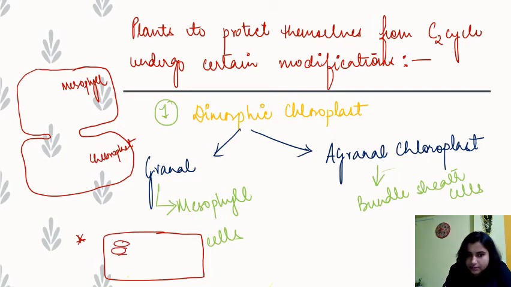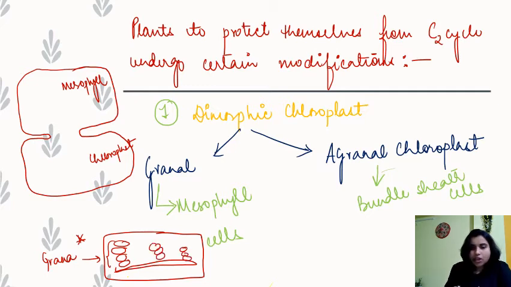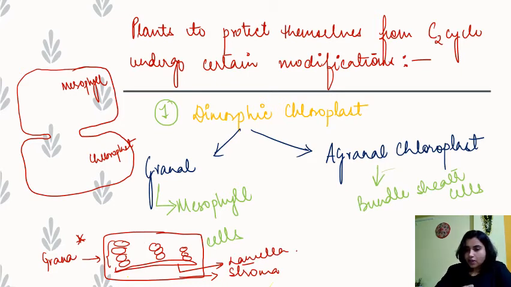When thylakoids are grouped together, it is known as granum. This is what we call stroma, and this is what we call lamellae. This kind of granule chloroplast is found in the mesophyll cells.